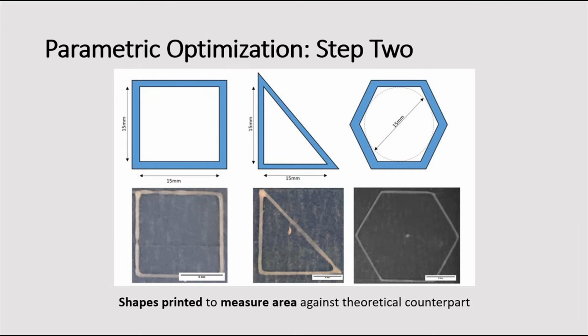In the second step, the identified combinations were further shortlisted by measuring strand areas of 3 different printed contours, square, triangle, and hexagon, and comparing them against their theoretical counterparts. At the end of the second step, we identified a unique parametric combination for each composition theoretically capable of yielding high-fidelity 3D scaffolds.